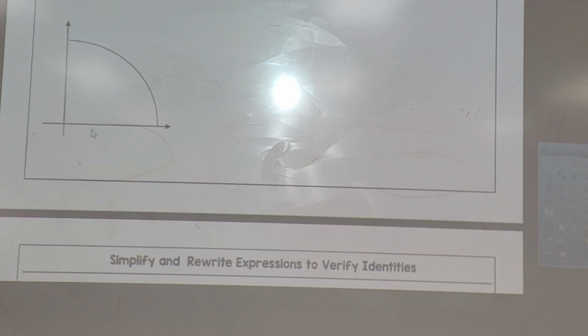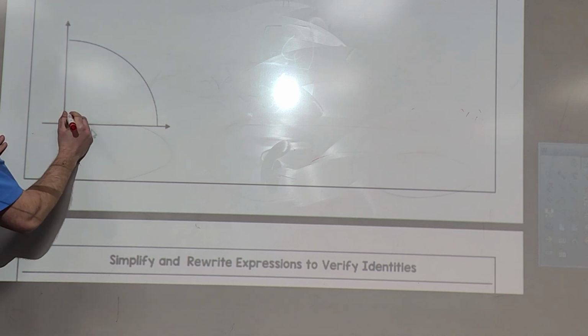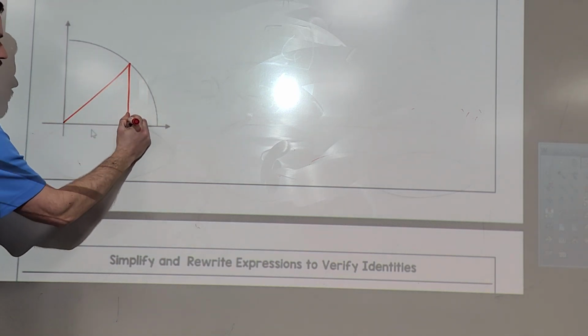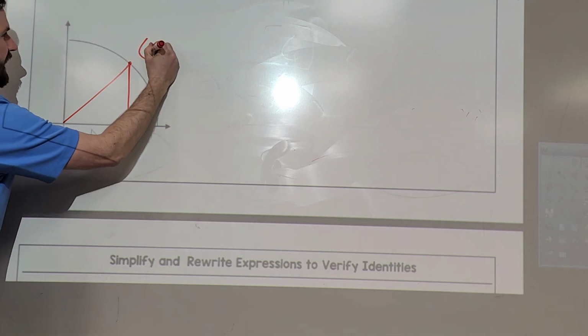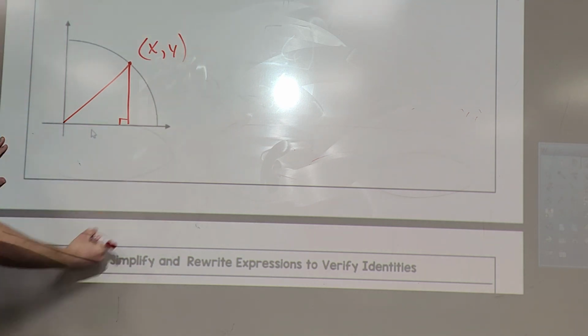All right. Look at this. Now we're going to prove a basic identity. We are going to prove it so it helps you memorize it. And this is a really common, important one. So if I draw a right triangle in a coordinate plane with the point x, y, right?